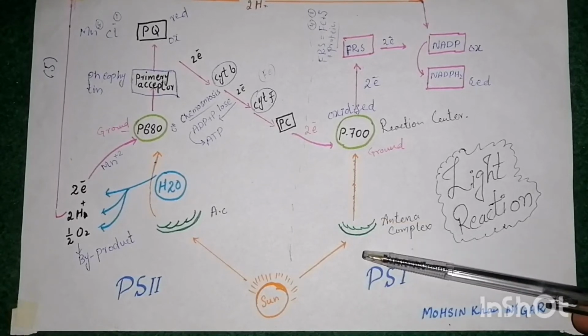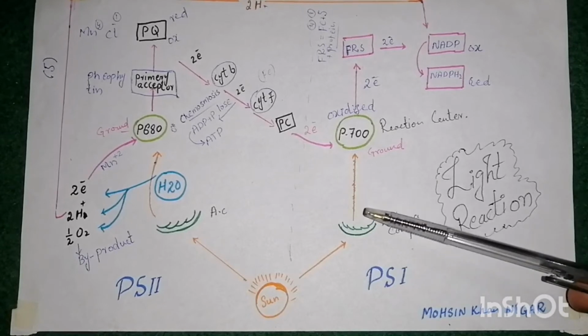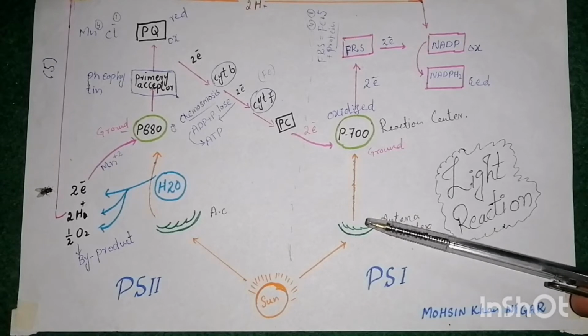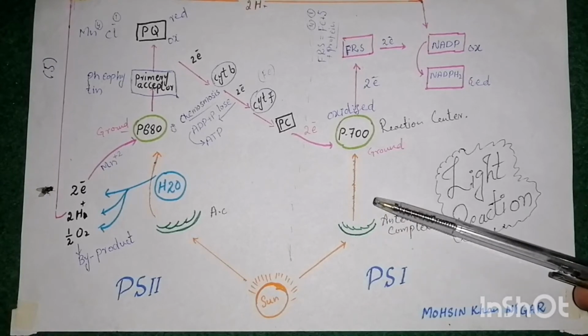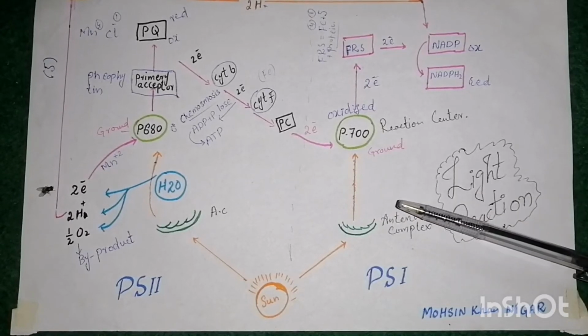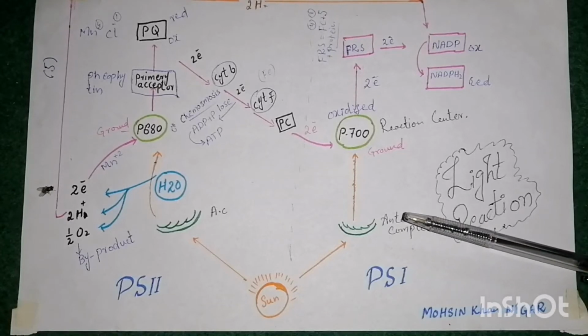The second part of PS1 is the reaction center. The reaction center contains chlorophyll A, B, and a special chlorophyll called P700, along with electron carriers, enzymes and electron acceptors.